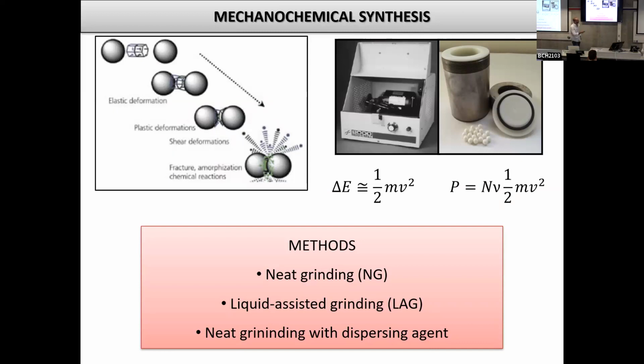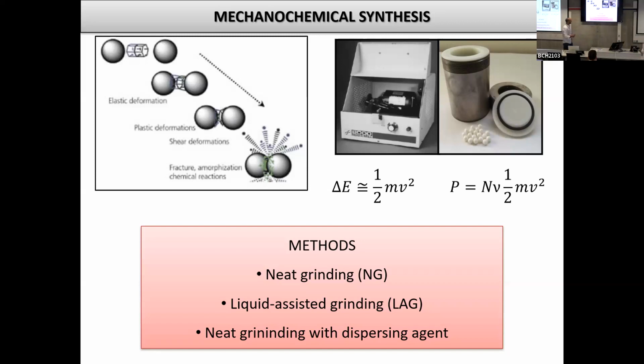We use this Teflon coated jar and zirconium oxide balls, and we perform three types of grinding: neat grinding, liquid assisted grinding, and neat grinding in the presence of dispersing agents.